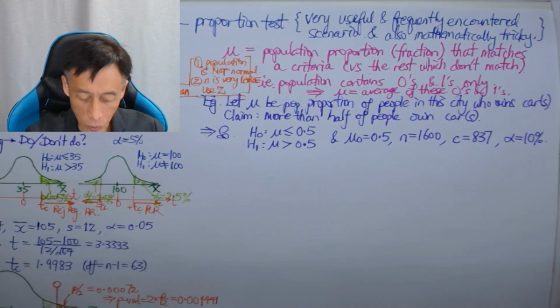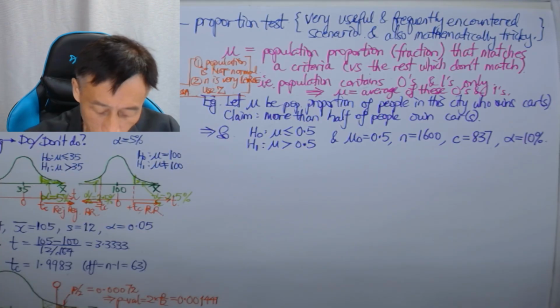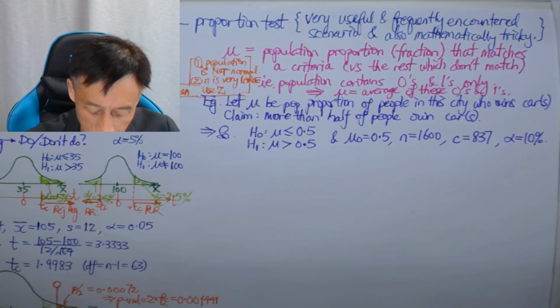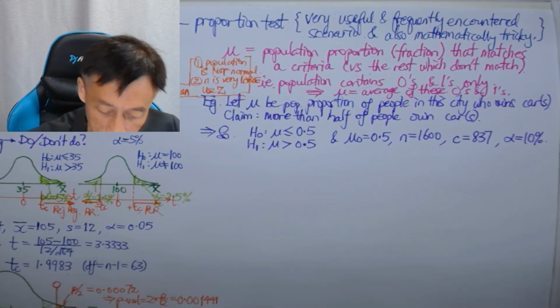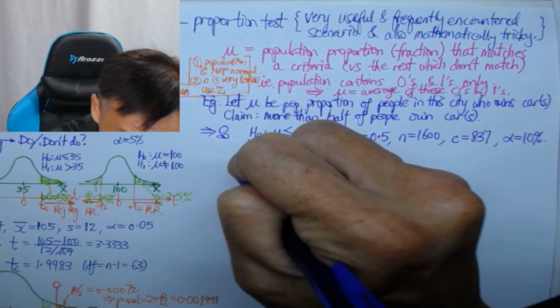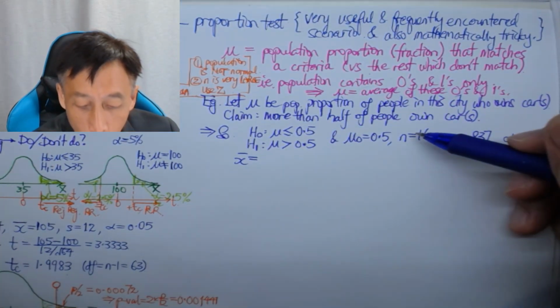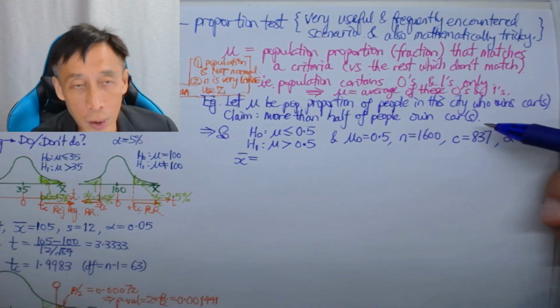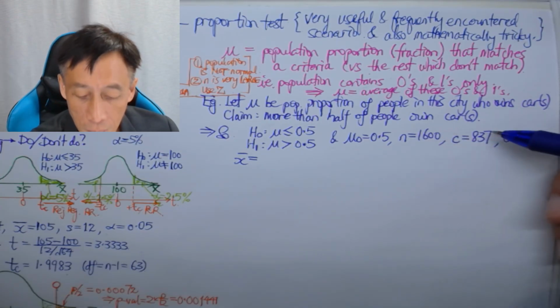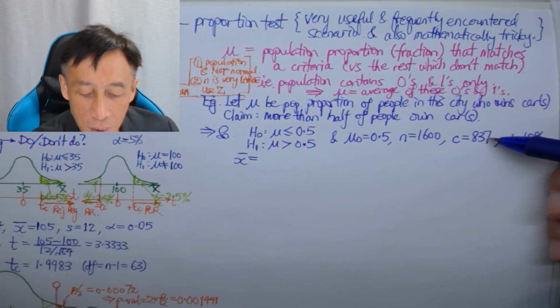Okay, and what do we want? We want to calculate the X bar first of all. X bar is the average of all the yeses and nos, right? The nos are the zeros, the yeses are the ones. That means there are 837 yes and the rest are nos.